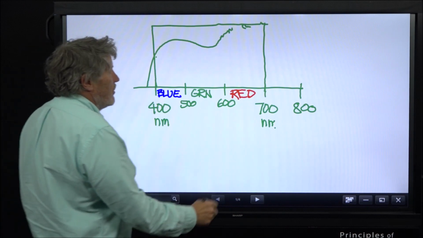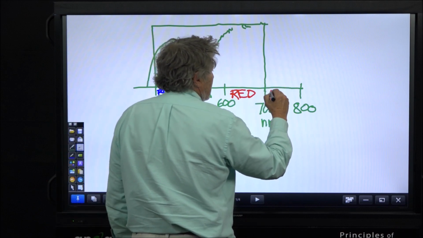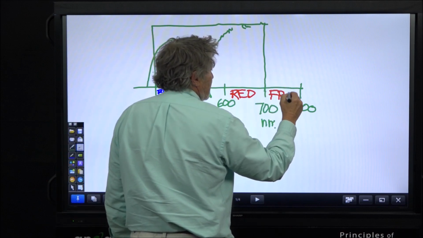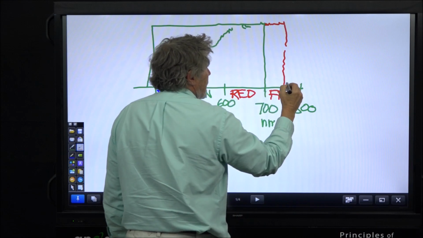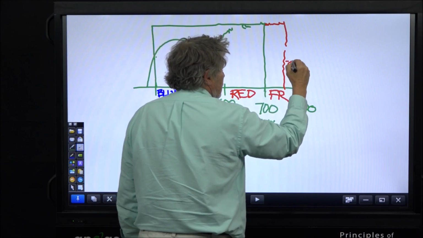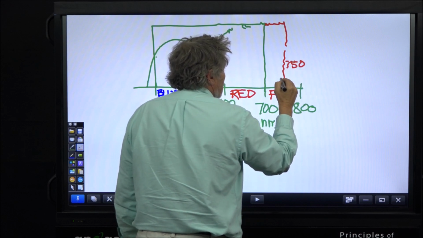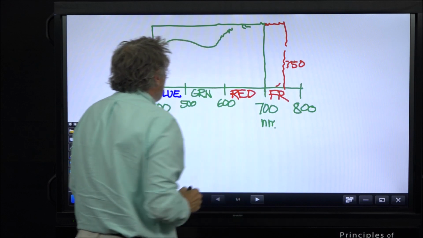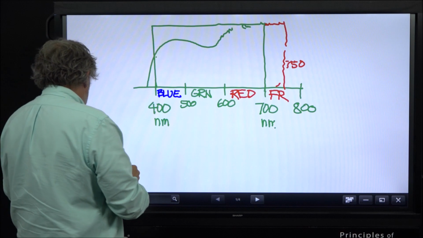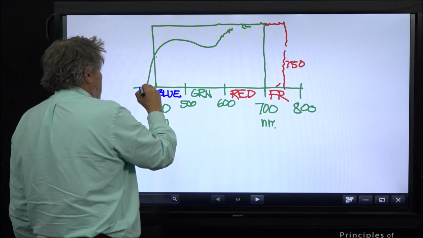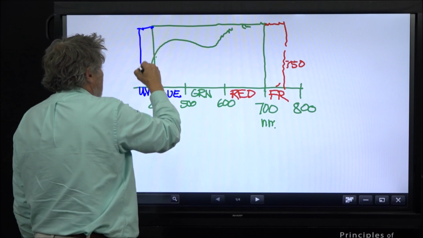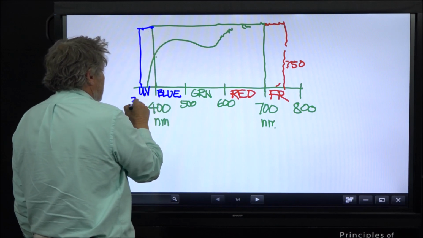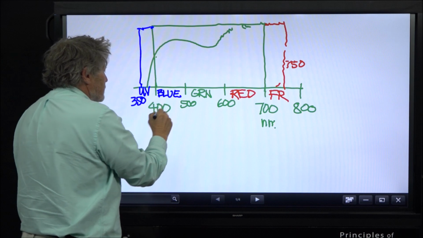And now we have to add in the far red out here, and that's generally up to 750 nanometers. So here's far red. We also need to add in the UV down here, and this is another little edge right here from 350 up to 400.